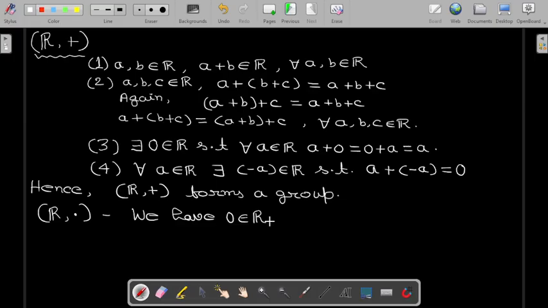This doesn't exist. So we can't find the inverse of 0. That is why the set of all real numbers with respect to multiplication wouldn't form a group. So what will form a group? The set of all real numbers with respect to multiplication, excluding 0. This set will form a group.